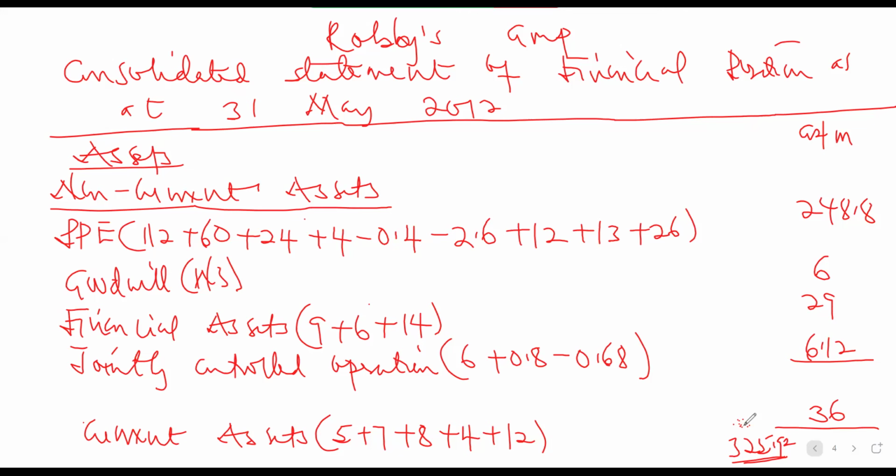Okay, let me see again. 11, 12 plus 60 plus 24 plus 4 minus 0.4 minus 2.6 plus 25 plus 26. Okay, 248. So it means that this would be 0.12 rather. Okay, 0.12.